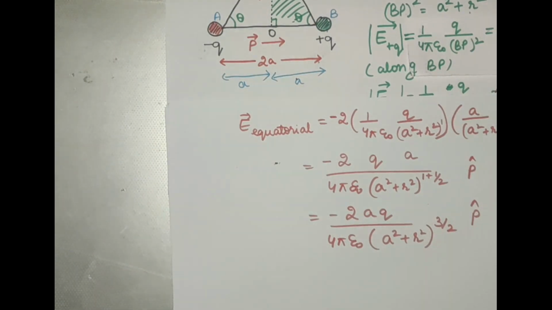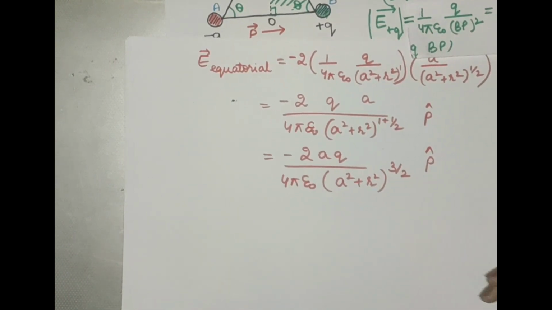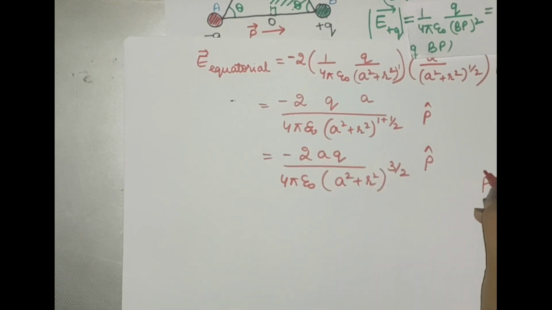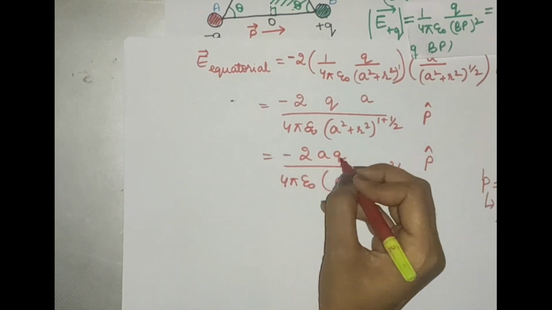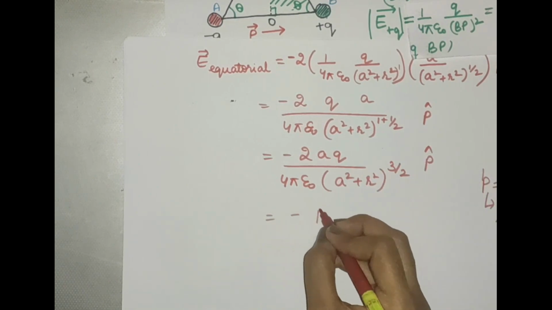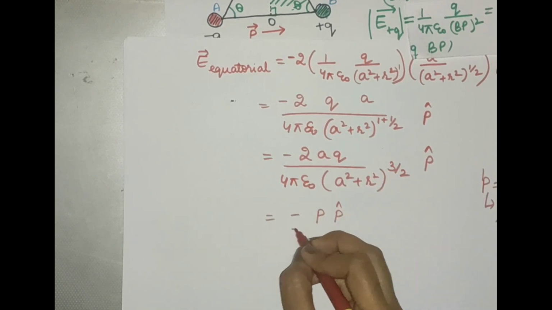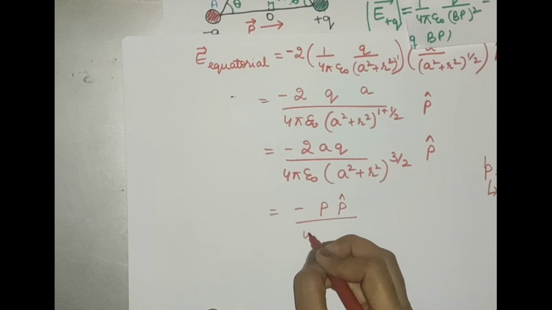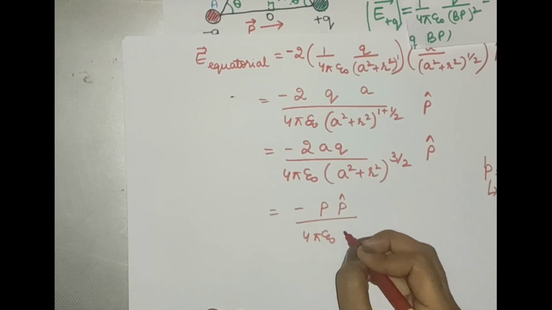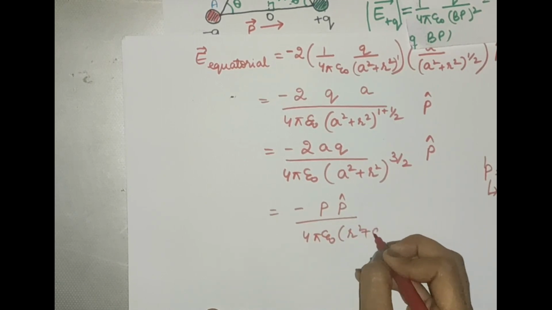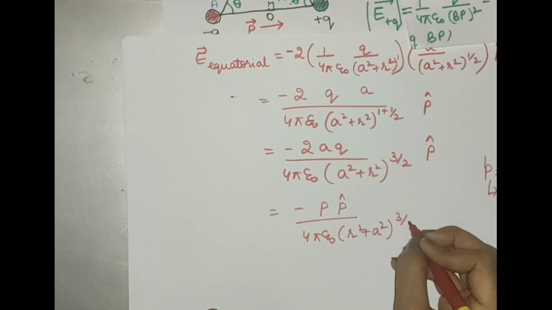Now, again, I know 2aq is nothing but my dipole moment since p is equal to 2aq, where p is my magnitude of dipole moment. So I am replacing my 2aq with p, which gives minus p vector upon 4 pi epsilon naught r square plus a square to the power 3 by 2.